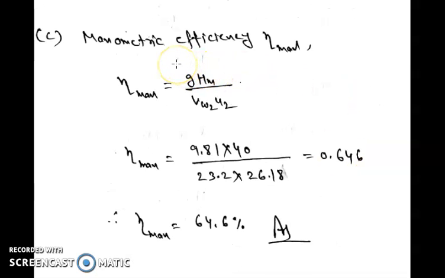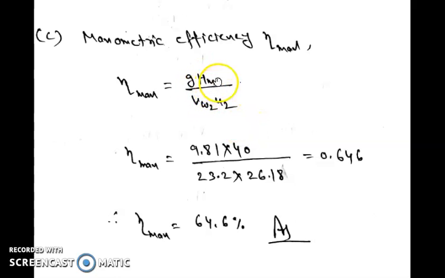Now in part C, we have to calculate the manometric efficiency. We know that the manometric efficiency is given by g Hm divided by VW2 into U2. We have already calculated the value of VW2 as 23.2 meter per second, and already we have calculated the value of U2 also as 26.18 meter per second.